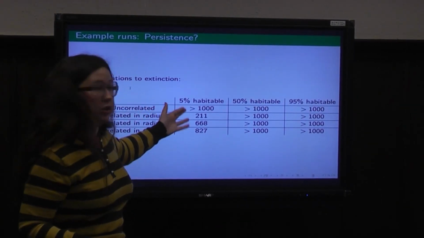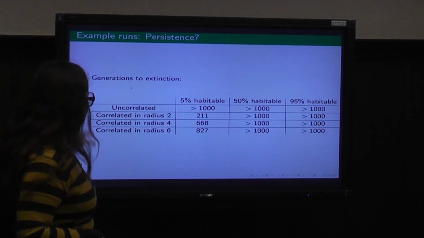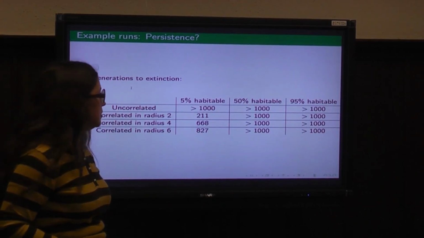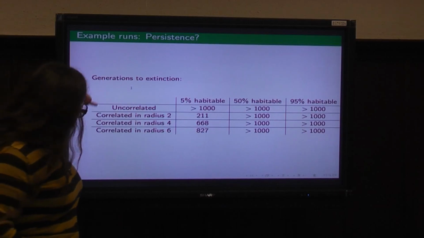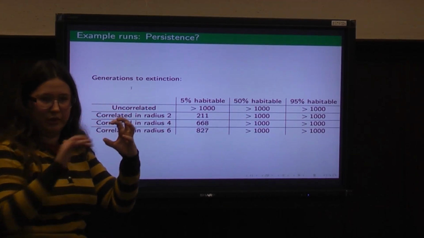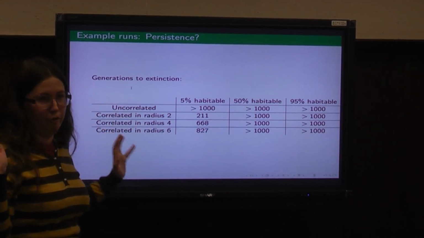So right, just like Jim predicted, when we get a little bit of correlation in the 5% habitable case, it's a disaster for the wasp. And in particular, there's an interesting trend in the radius 2 case, where we've got these really tiny little islands of good stuff that are isolated, it goes off really fast. They're done for pretty quickly.